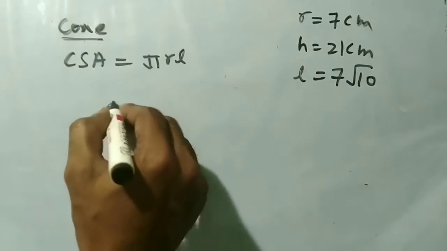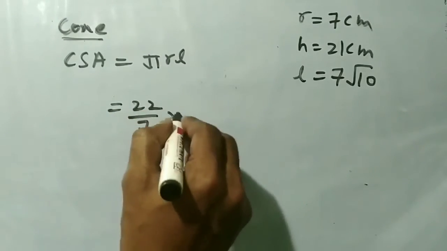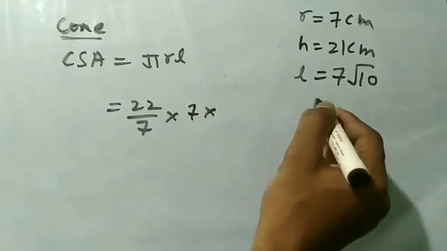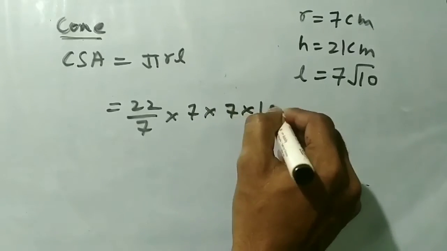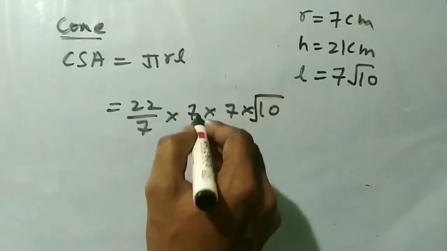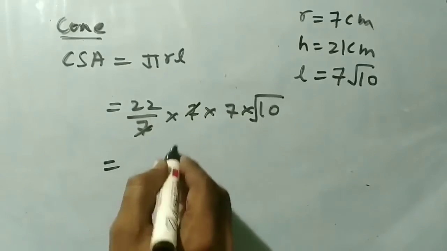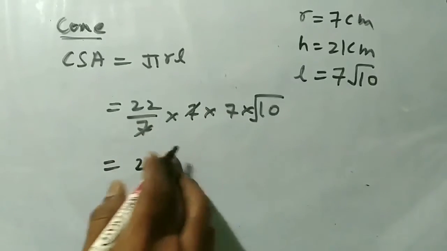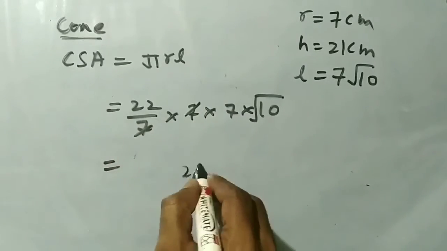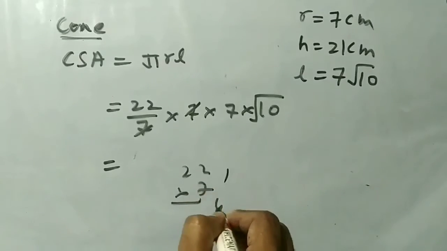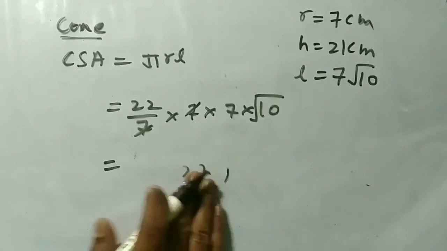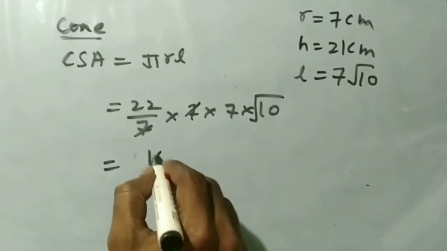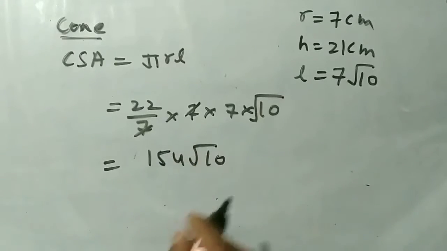So just substitute the values here: 22 by 7 into R, 7, into L, 7 root 10. 7 gets cancelled. If we multiply 22 into 7, that is 154. So 154 root 10.